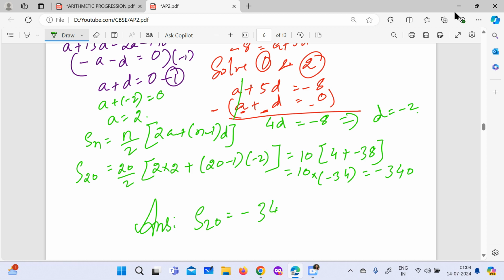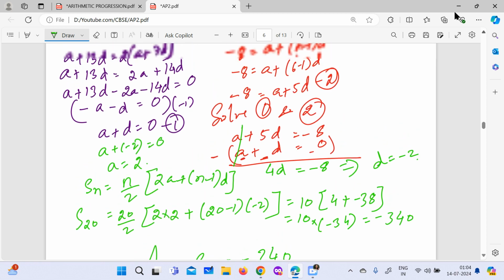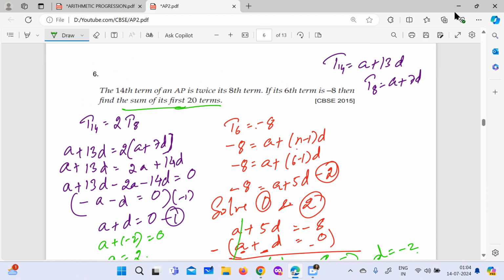I hope no doubt in this. So here the 14th term was given, as twice the 8th term. So first we write our concerned equation and then we look for other information.